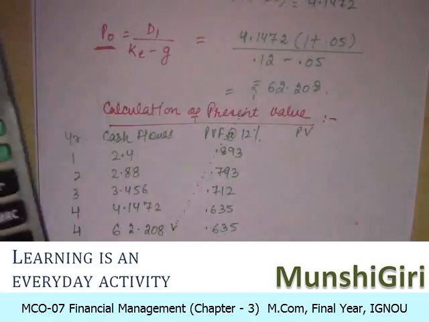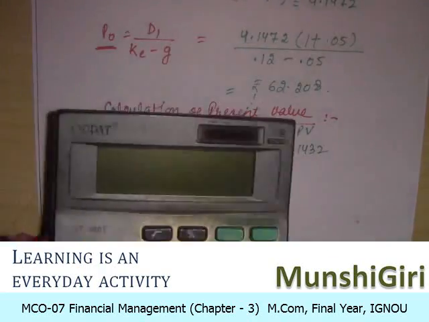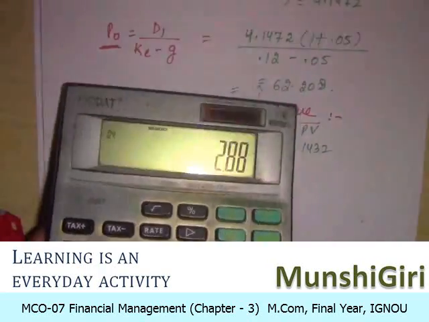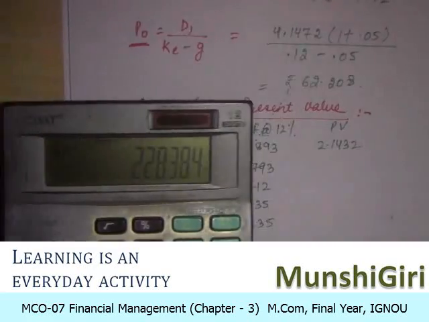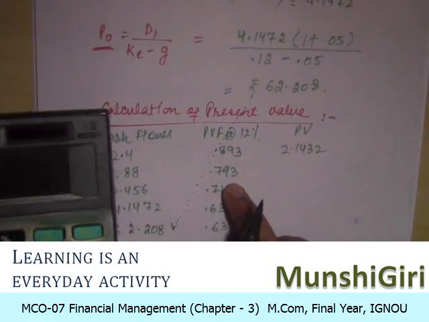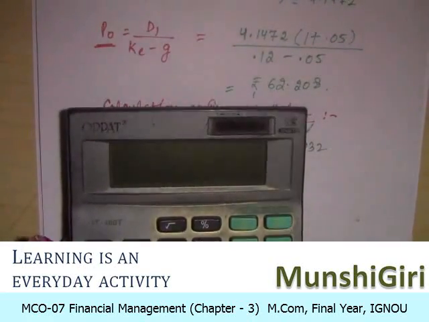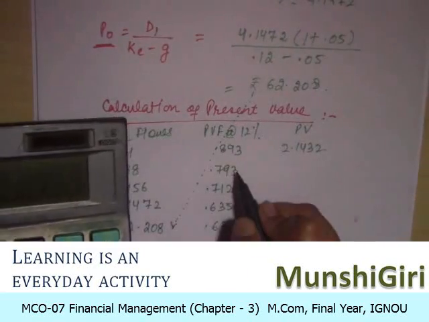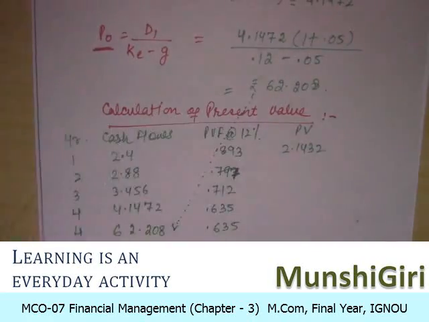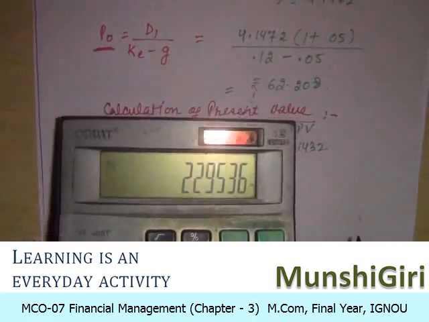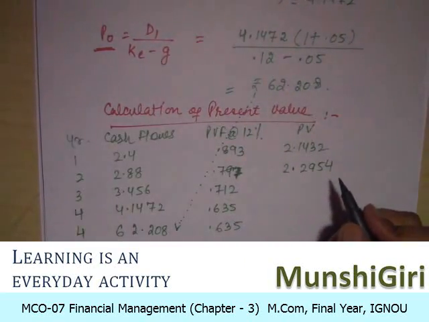So 2.4 into 0.893 is 2.1432, plus 2.88 into 0.797, 2.2954, and you can calculate the rest like this.